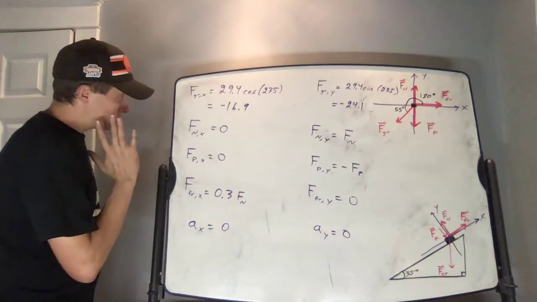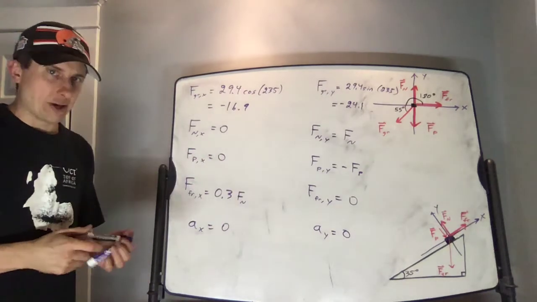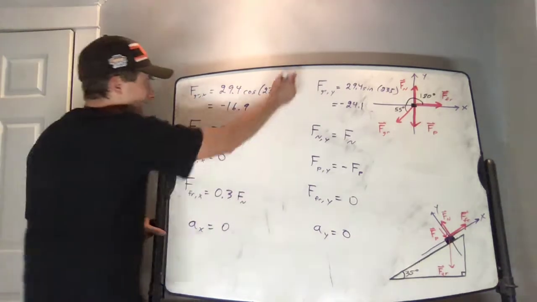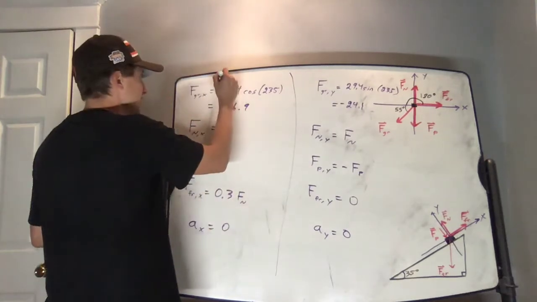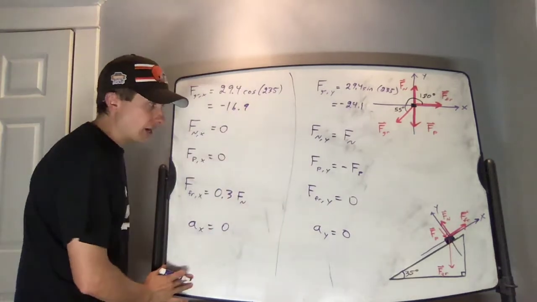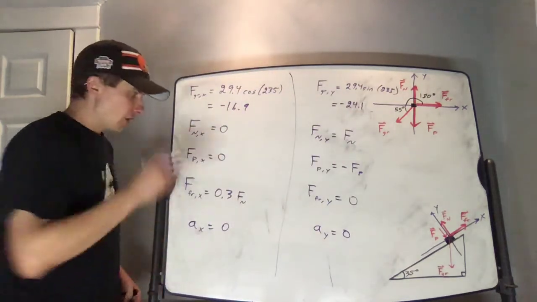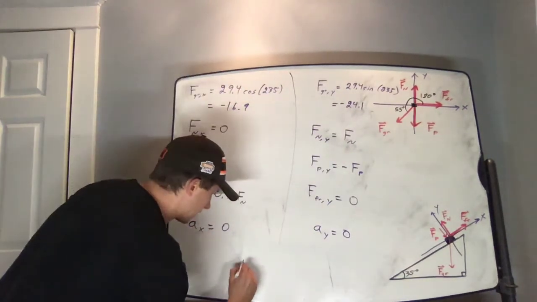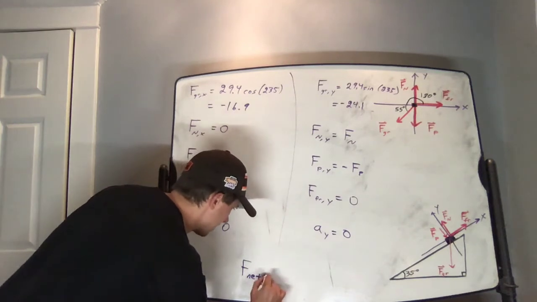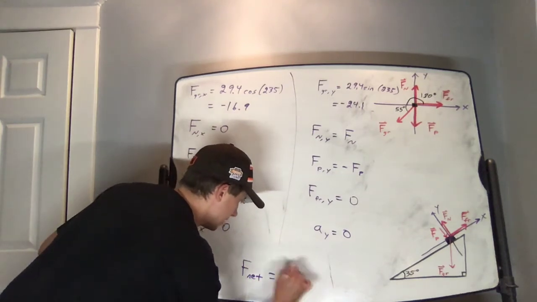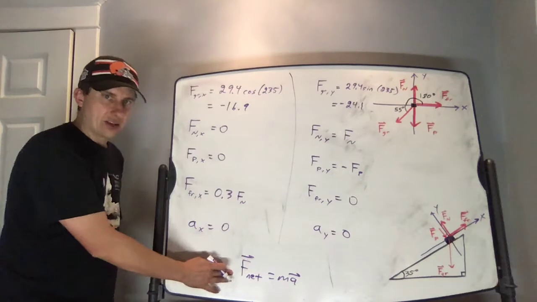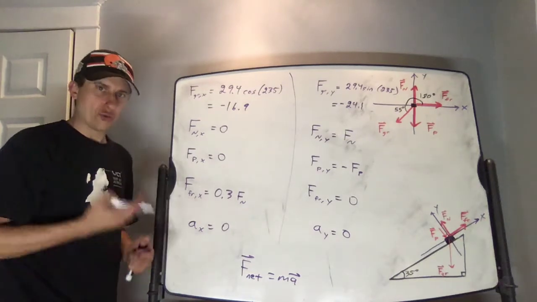Now, notice how I wrote everything out on the board. I have 2 columns. One column is every vector in the x direction. The other column is every vector in the y direction. When I begin solving F net equals ma, I remember that Newton's second law is really 2 equations.